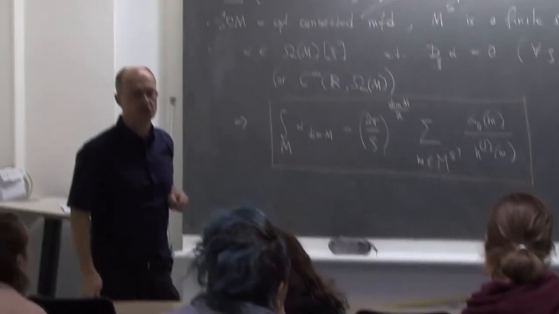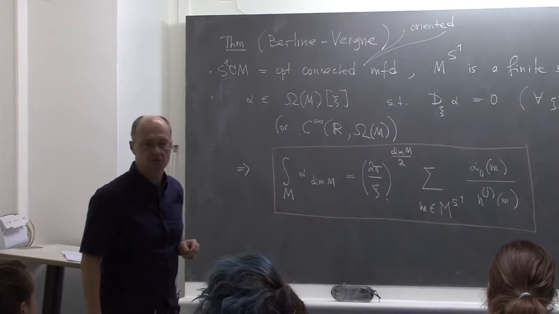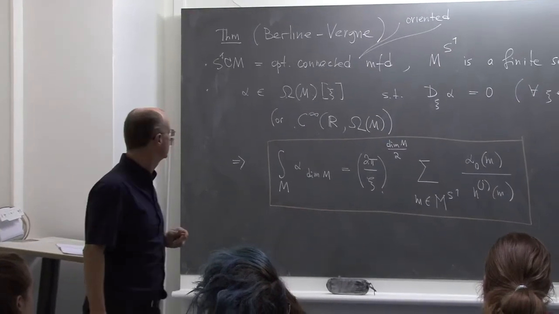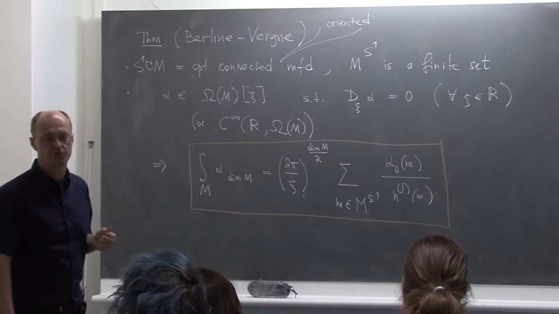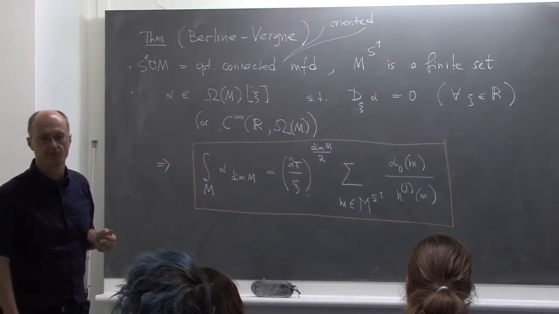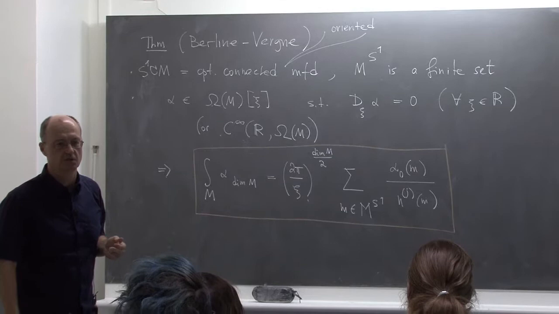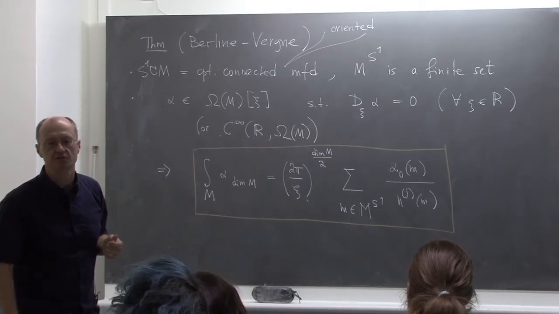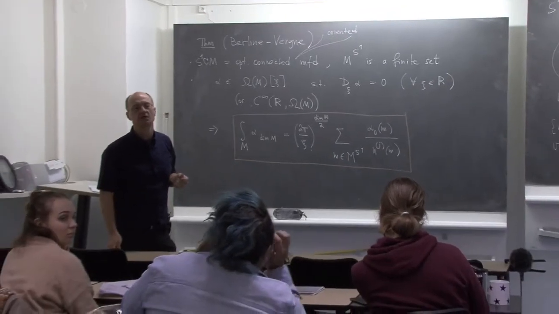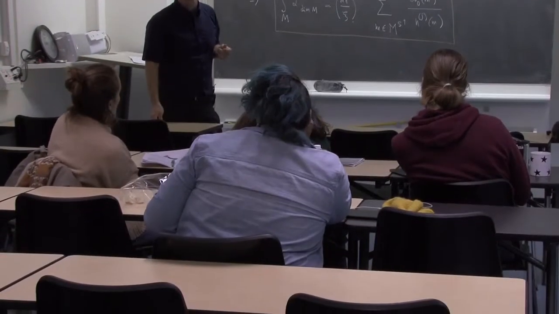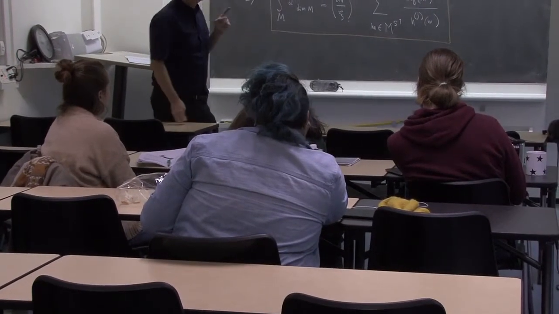It has an S1 action. So the fixed point set is a finite set. And the other assumptions are about this differential form alpha, right? So do we know that the dimension of M is even? Maybe the fact that the fixed point set is finite.